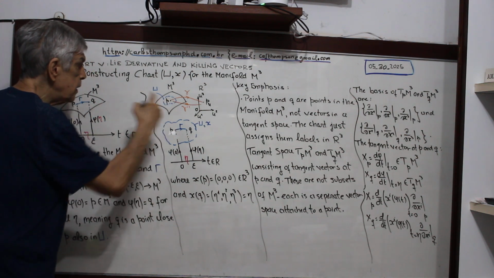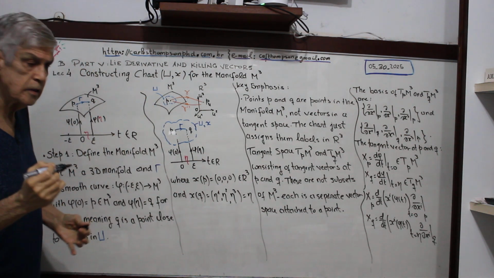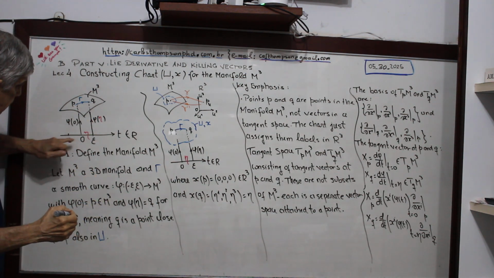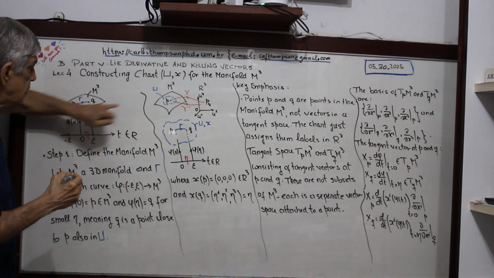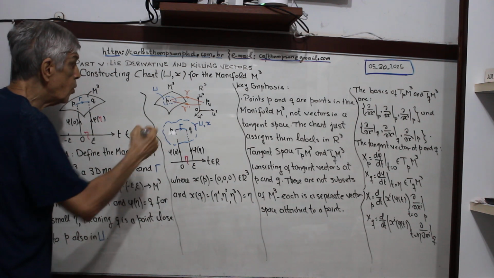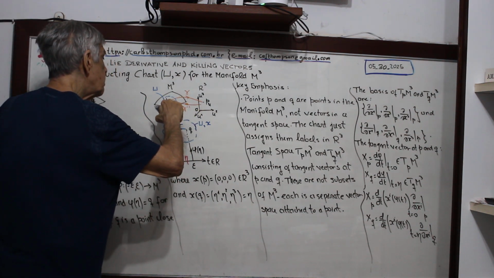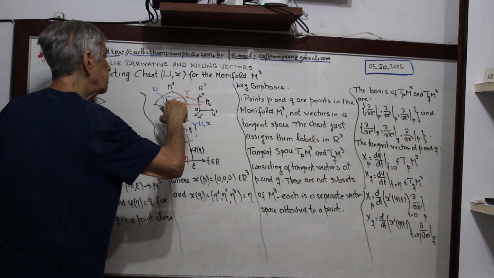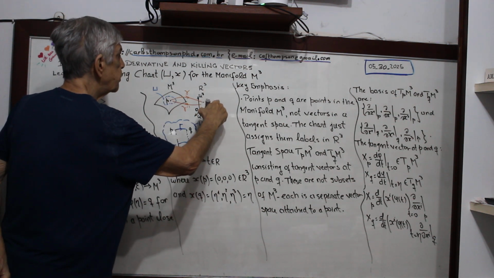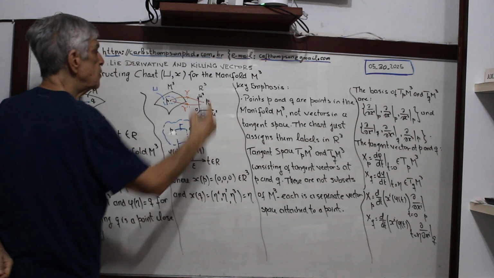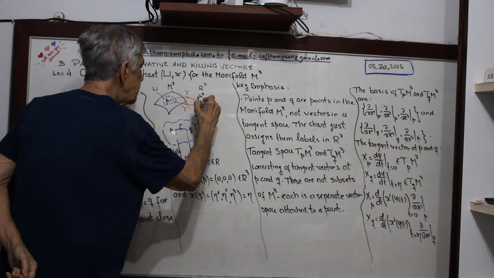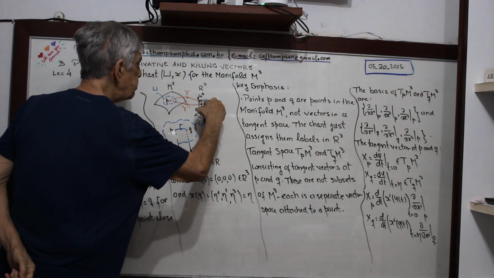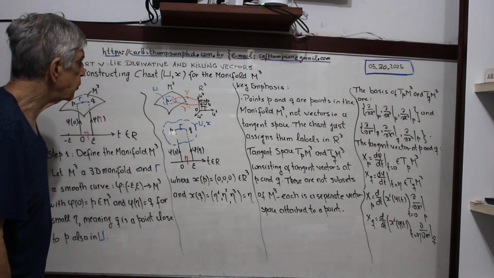Now, the point P is obtained from here, where I apply phi of 0, that's the point P. Now we have a map, where the coordinates of point P map to this Euclidean space R3, and this is the inverse. So I have many points here around this point P in U.